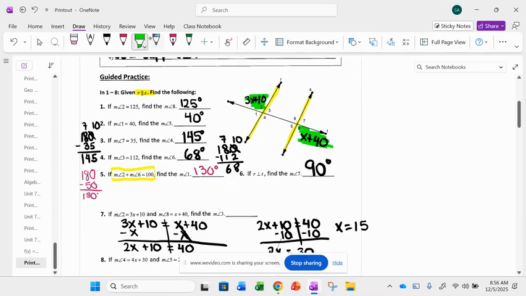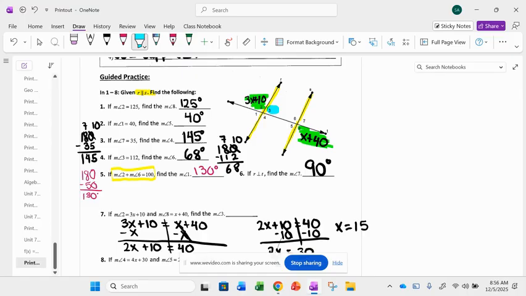They're asking us ultimately to find angle 3. Well, what is the relationship between 2 and 3? They're supplementary angles. They make that straight angle. So since I know x is 15, can I plug in 15 for x and find angle 2?